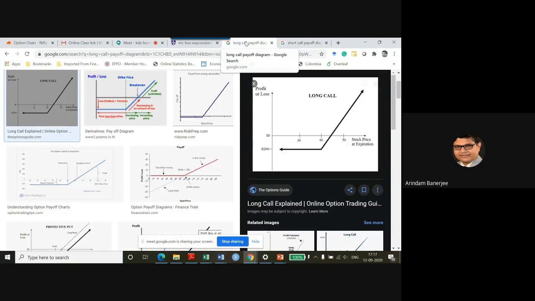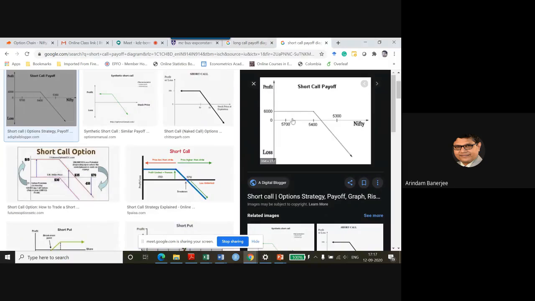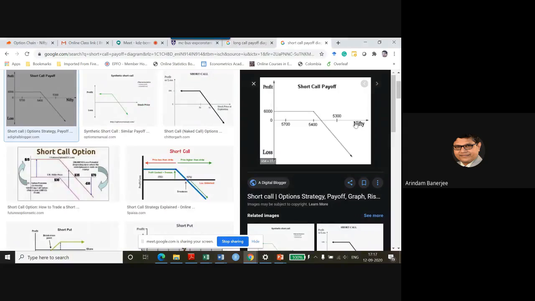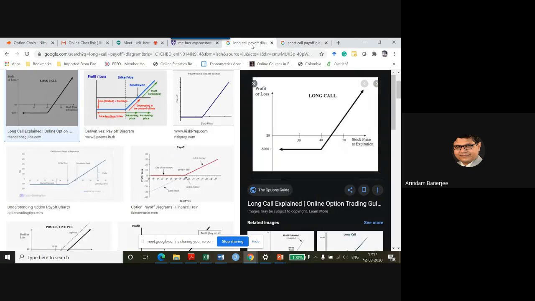Theoretically, the call buyer can make unlimited profit, and the call seller has a theoretical possibility of unlimited loss. But in practice, call buyers are actually retail people like us, and call sellers are actually the institutions.